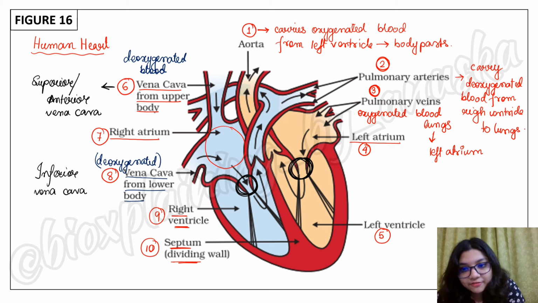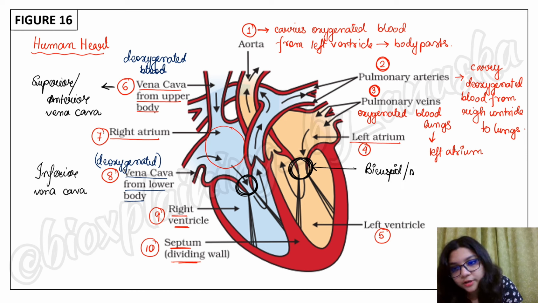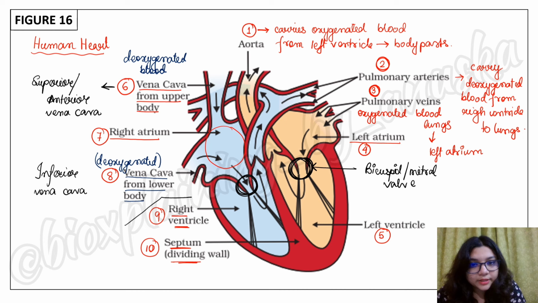Left atrium, left ventricle, in between that you have the bicuspid or mitral valve, and in between the right atrium and right ventricle, you have the tricuspid valve.